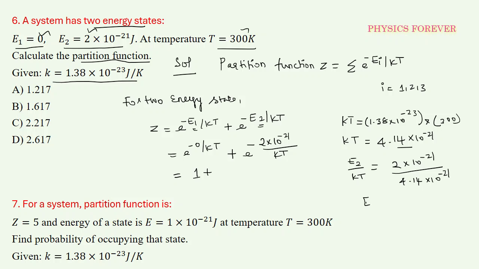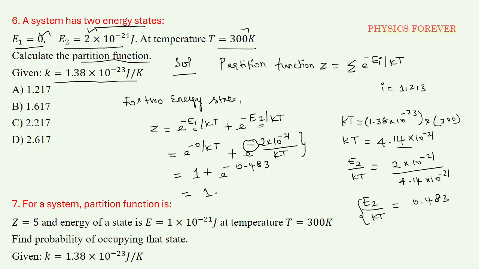Dividing, we get E2 by kT equals 0.483. Then 1 plus e power minus 0.483, and we have to find this value.